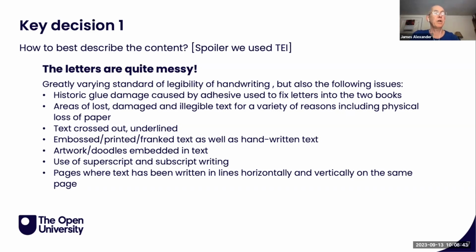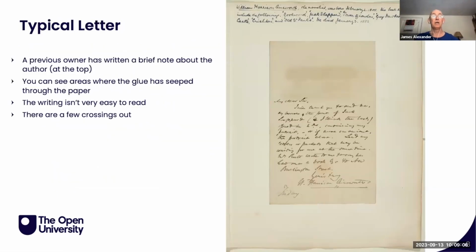There's damage to quite a lot of the letters, areas of loss, crossed and underlined, embossed frank text. There were some doodles and artwork. People have inserted writing and put it below the line. And indeed, there is some content which has been written in lines above and, on both twice on the page, which we'll see in a second.